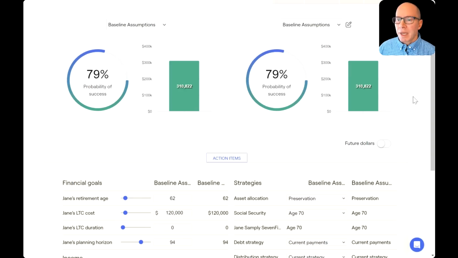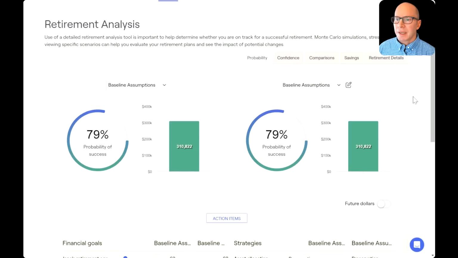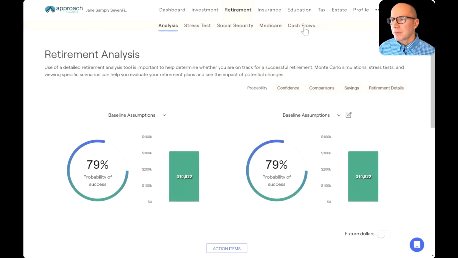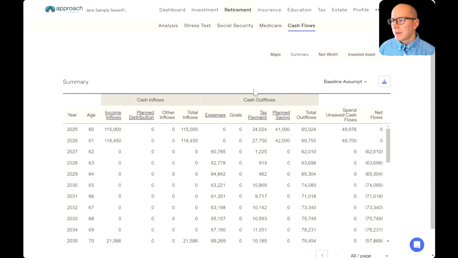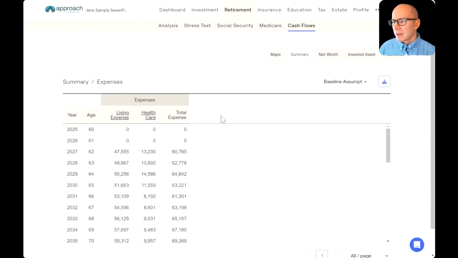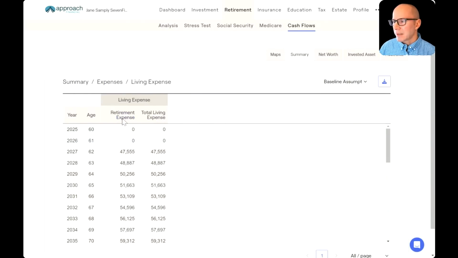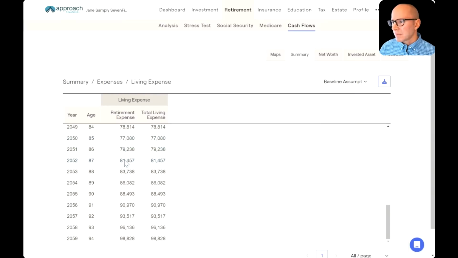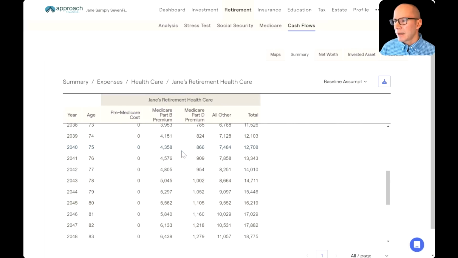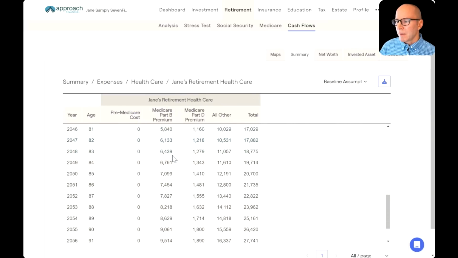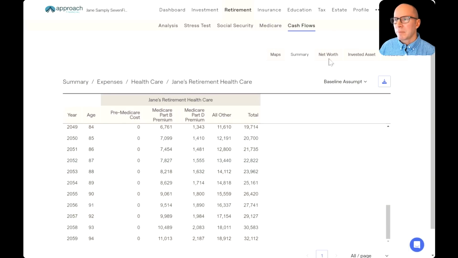So some of the benefits of this type of analysis, again, especially with a powerful software tool like this, is that you can really include a lot of interesting things, and it might even look at what your various expenses are, and do you end up paying off a house, or what does your healthcare look like, and are you going to go into IRMAA and end up having to pay more each year?